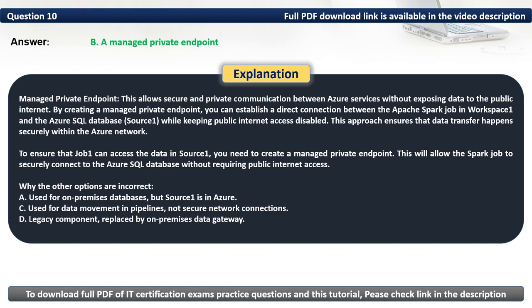This approach ensures that data transfer happens securely within the Azure network. To ensure that Job 1 can access the data in Source 1, you need to create a managed private endpoint. This will allow the Spark job to securely connect to the Azure SQL database without requiring public internet access.